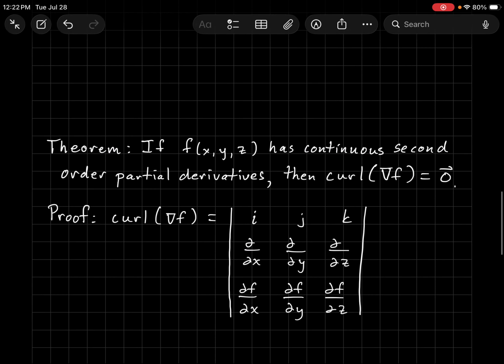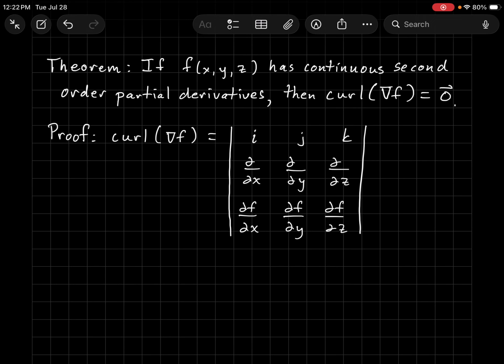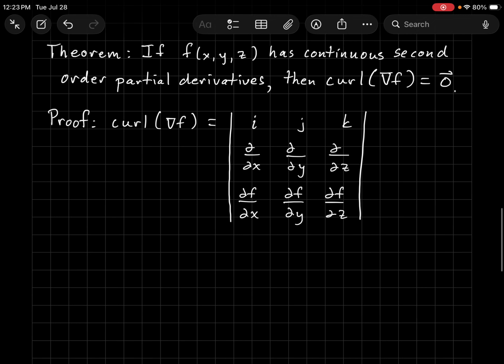Quick theorem. If a function f of x, y has continuous second-order partial derivatives, then the curl of the gradient of f is the 0 vector. And we can do this proof pretty quickly. So the curl of the gradient of f is this. It's going to be the del operator acting on the gradient of f, or gradient of f is down here.